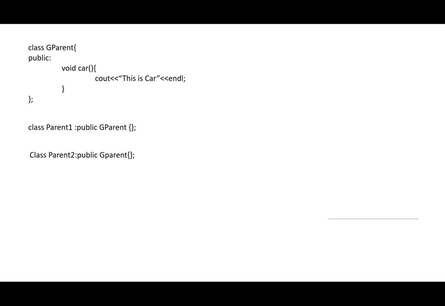Now if we create objects of both these classes, they are going to look like this. So this is the object of parent1 class, which clearly says that it has two compartments. This is for understanding purposes; in memory it really does not happen like this.